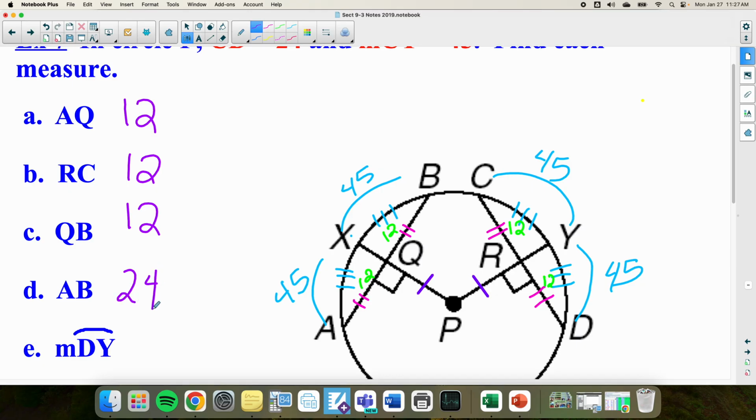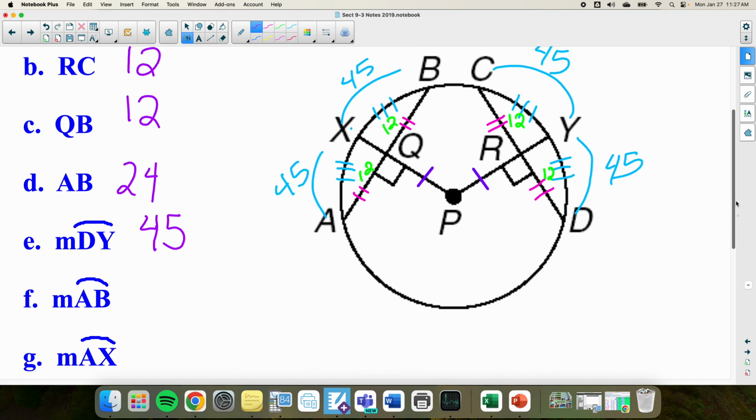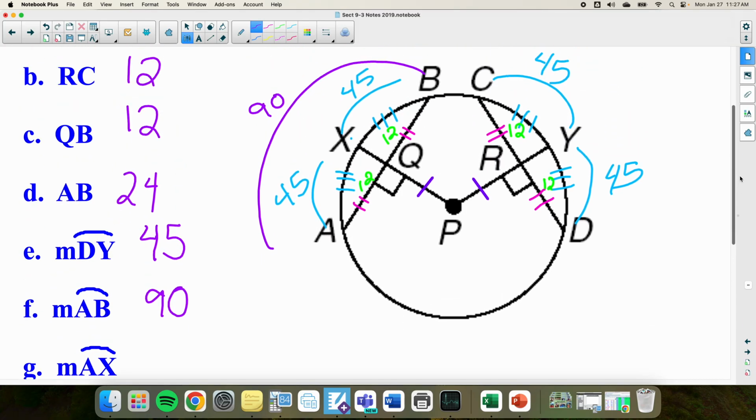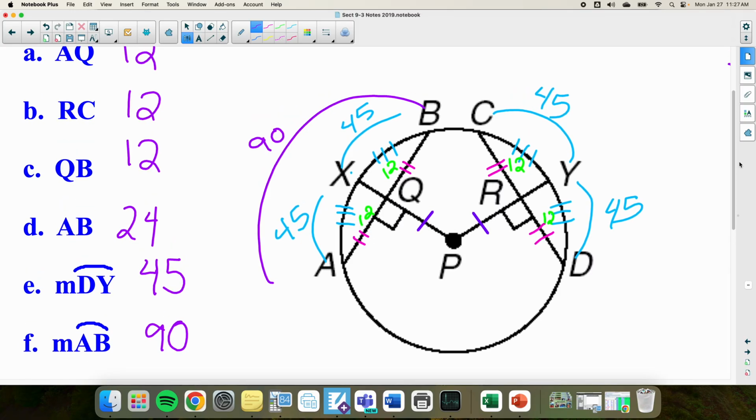DY, and that's the measure of the arc DY out here, is 45. And then, let's see what else they ask. AB, what would AB be? 90. 45 plus 45 is 90. And AX is 45.